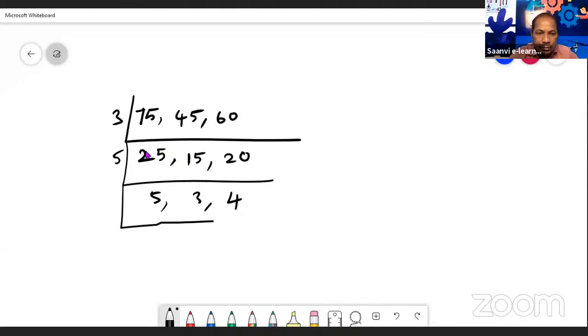Again, this is possible with 2 table. See here, 2 table is possible here. 5 is not possible. Three also not possible. But this 4 is possible with 2 table, no? 2 2s are 4. Now see, we have got all prime numbers.